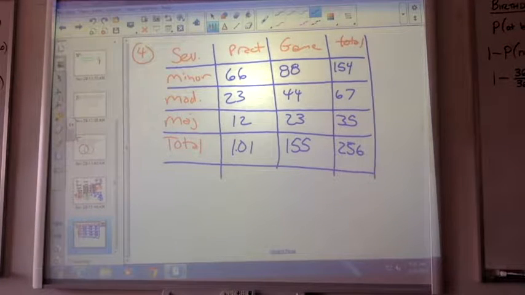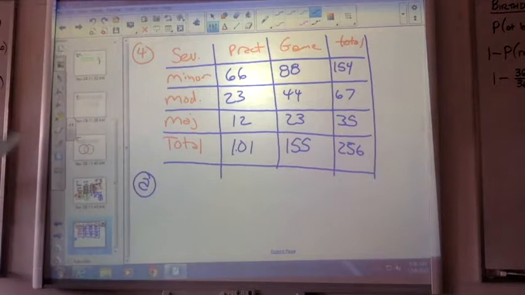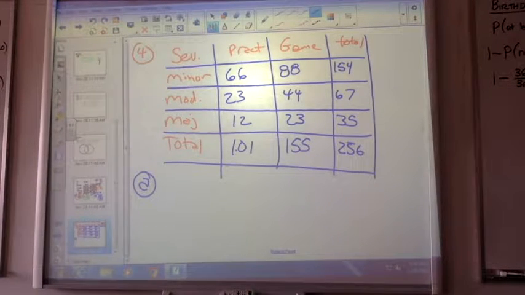Okay? If an injured player is selected at random, find the probability that he missed a game. So letter A. Any of these injuries would result in not being able to play. And I get it, you're like, well, you can play with a minor injury. We're just saying that if you have any of these injuries, you can't play.